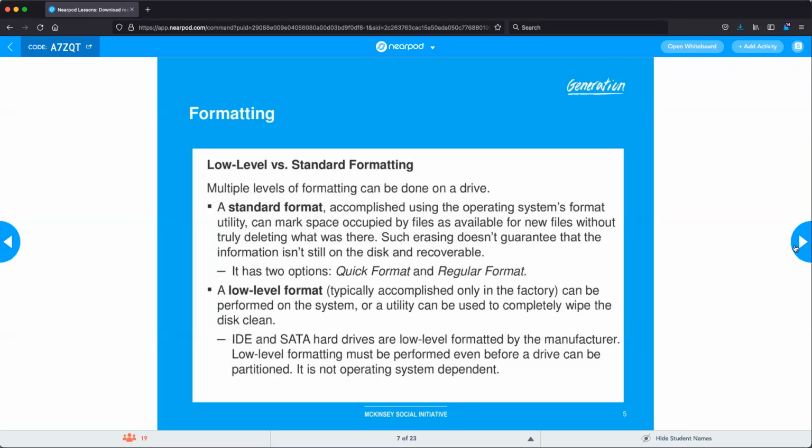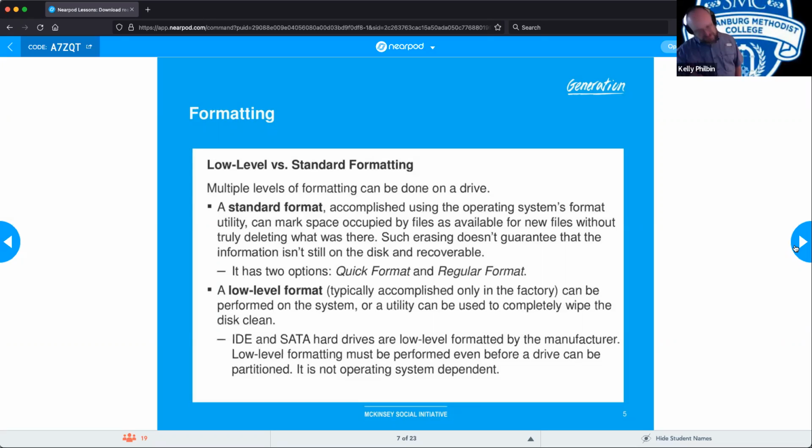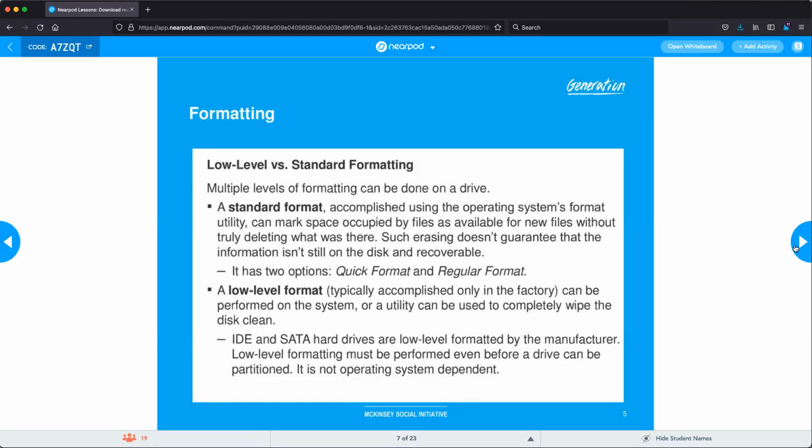I know, if I remember correctly, the regular format does more of a thorough, full, more completed format. With the quick, I'm trying to remember. I know the regular is longer, the quick is shorter. I remember that. That is an astute observation. But I'm trying to remember, oh, it's on the tip of my tongue.